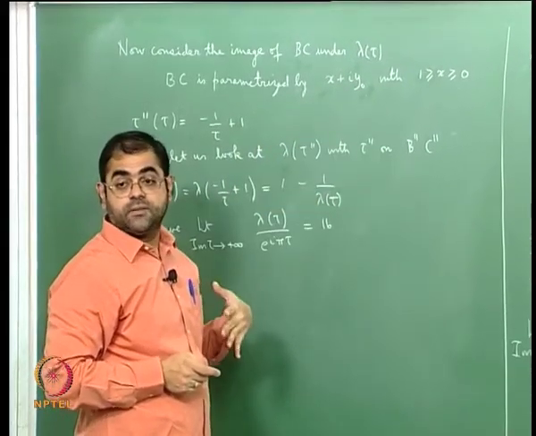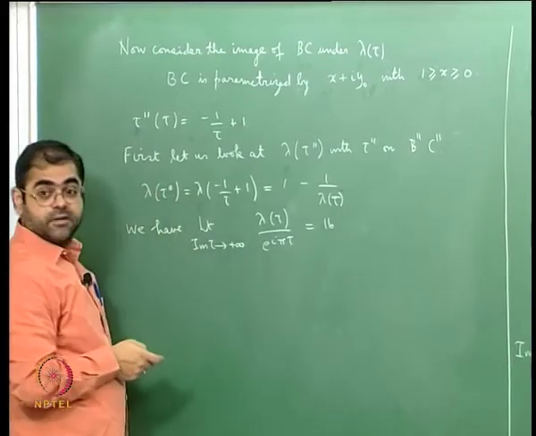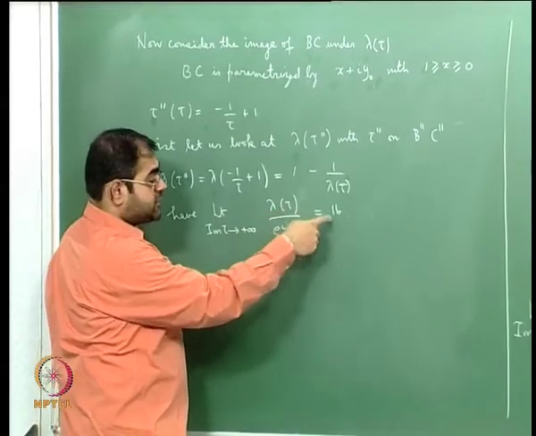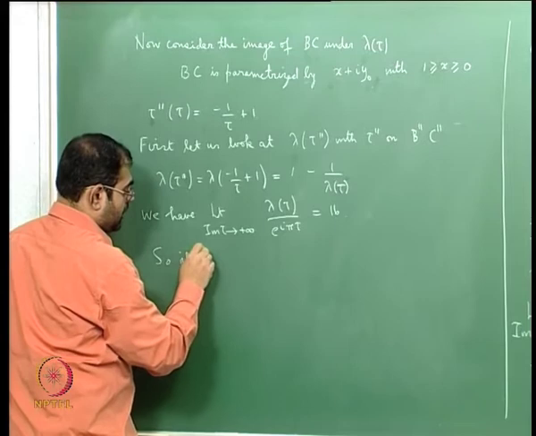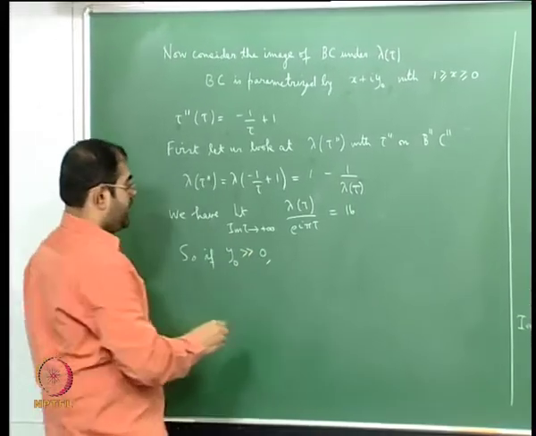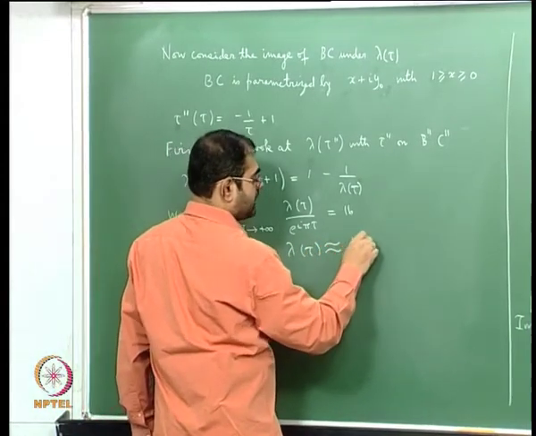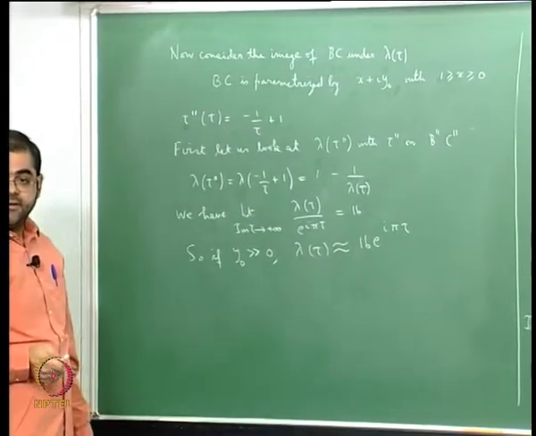So you assume y naught to be sufficiently large. If y naught is sufficiently large, then lambda of tau can be approximated to 16 e power I pi tau.